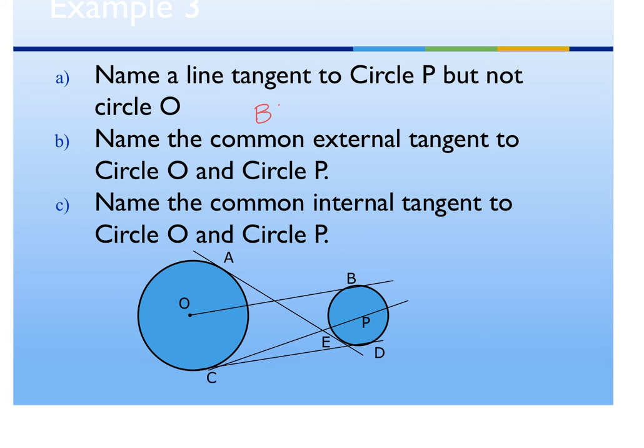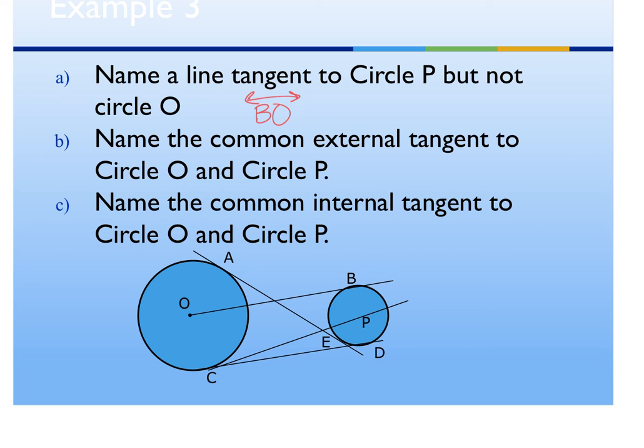BO. Why? Yeah, very good. It's on the outside of P, right? So it's tangent to P, but it goes through the middle. It goes through the center of circle O, okay?